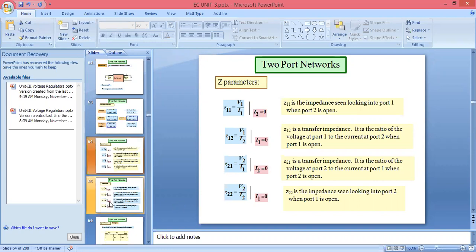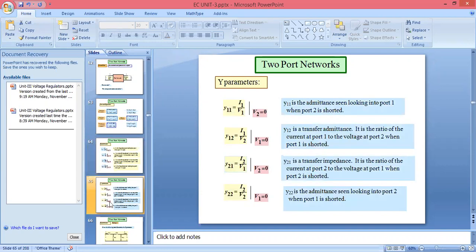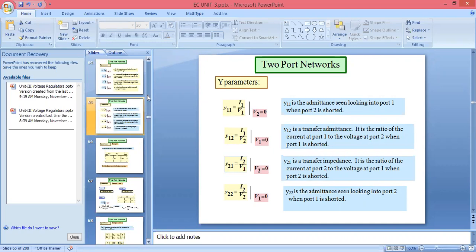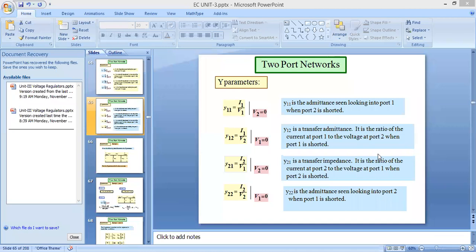If you study the Y parameters, we know the value of current depends on the value of voltages. If we are calculating the admittance by using the Y parameter, we will get the value of the admittance, because by using the Y parameter, the currents flowing through port 1 and port 2 are dependent variables.